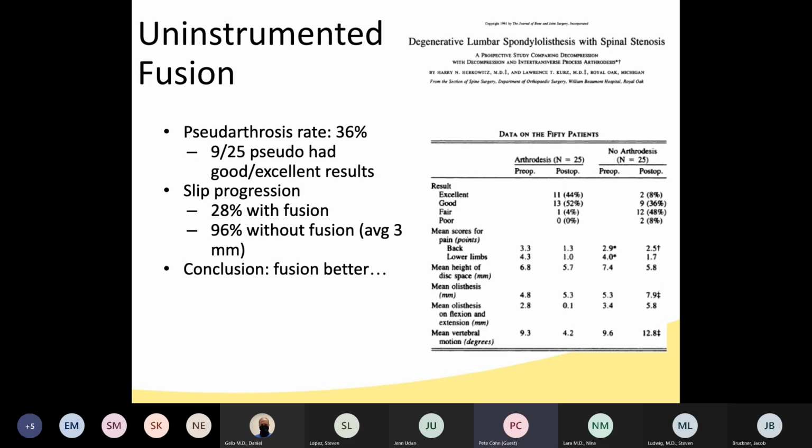There was a 36% pseudoarthrosis rate in the study, and only 9 of the patients who had a pseudoarthrosis had good or excellent results. But what they found was 28% of patients with fusion had a slip progression, whereas 96% without the fusion had a slip progression, on average 3 millimeters. So the conclusion here was that a fusion is better than no fusion.